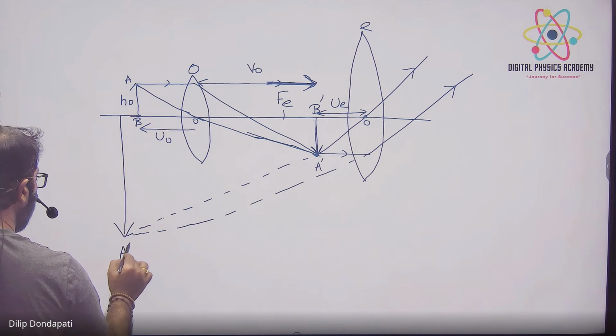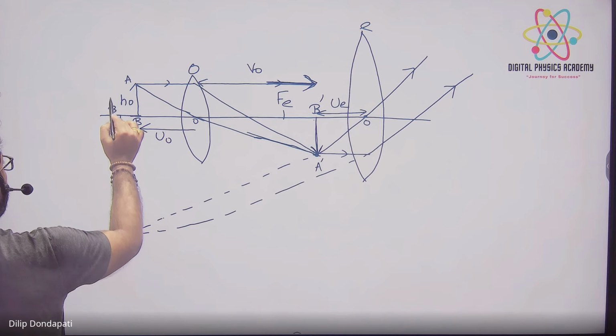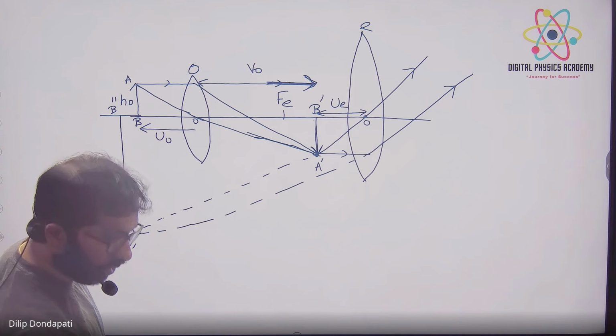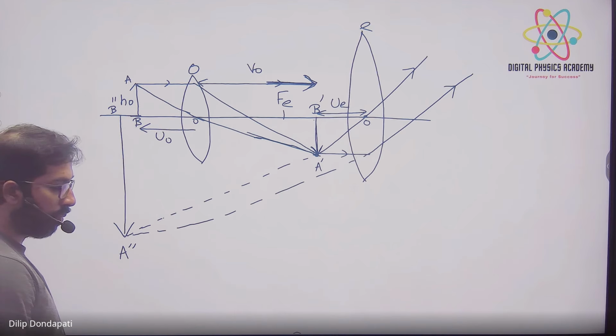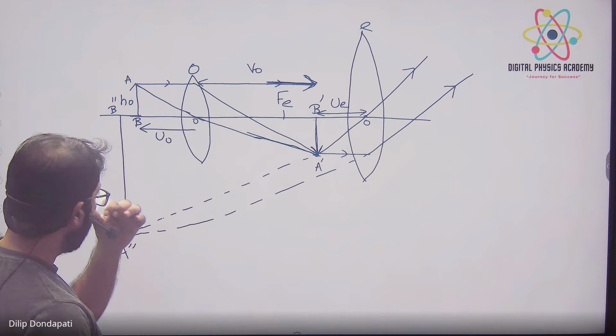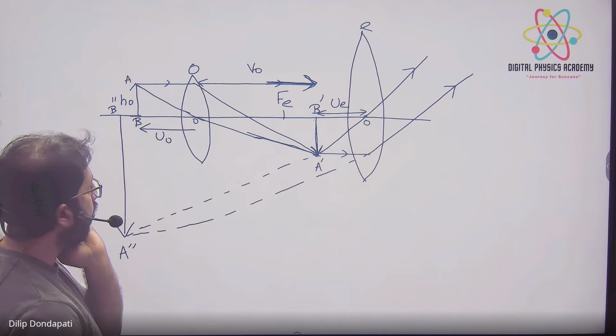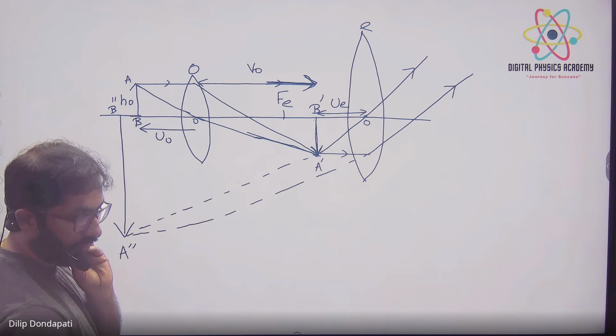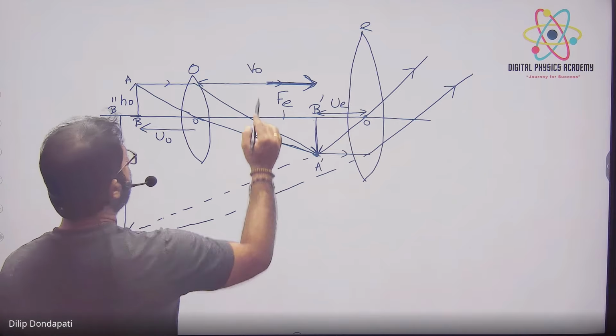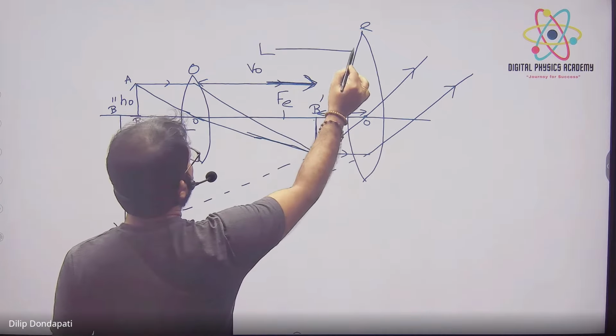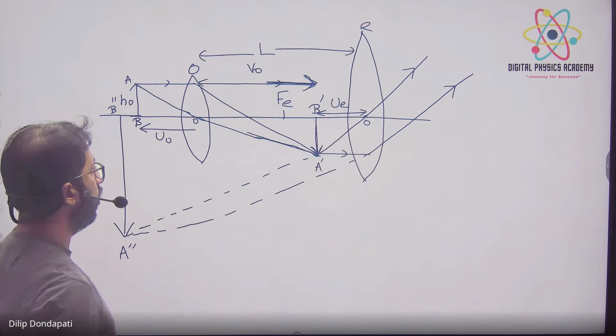A double dash, B double dash. This is a ray diagram for the compound microscope. And the length of the compound microscope is V0 plus U0.